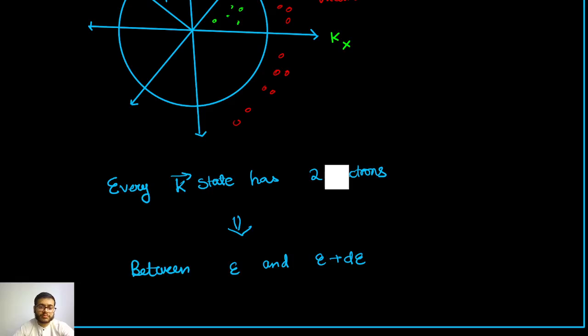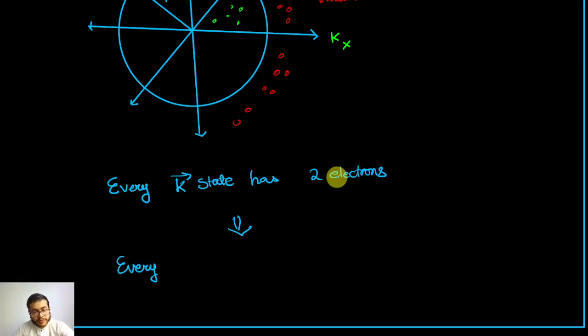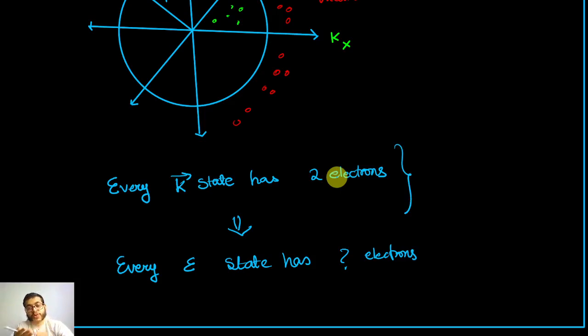In more general terms, every energy epsilon has how many states and electrons? That is our question. We know that every k state within the Fermi sphere has two electrons, so we can calculate the total number of electrons and the Fermi momentum.